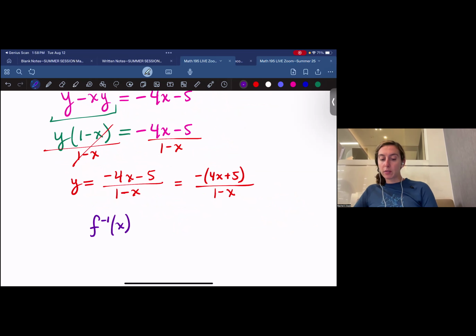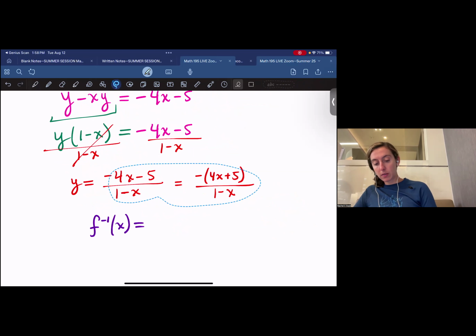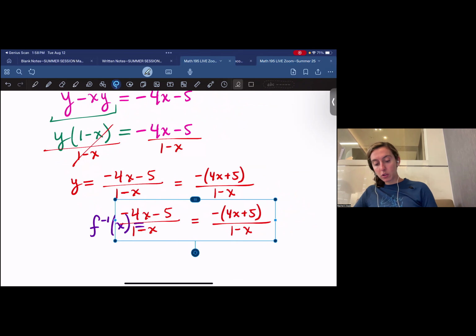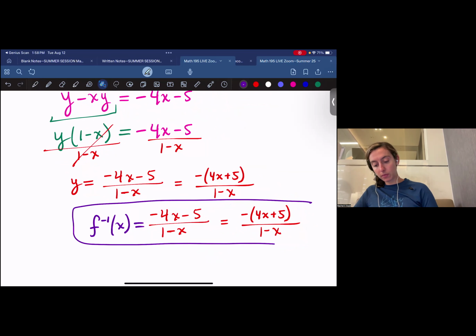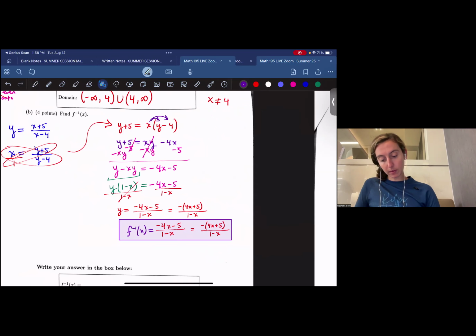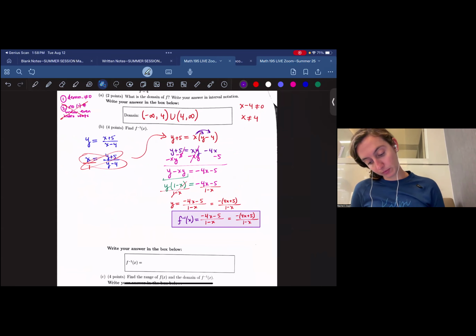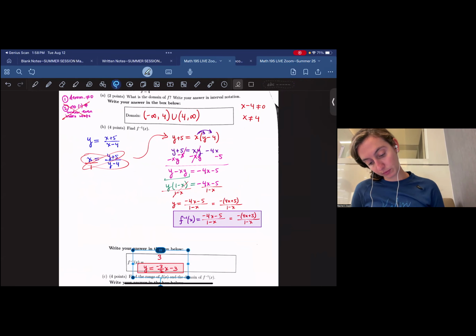So f inverse x is equal to either of these solutions. You good? And we're done. Bring it down here into the answer key too.